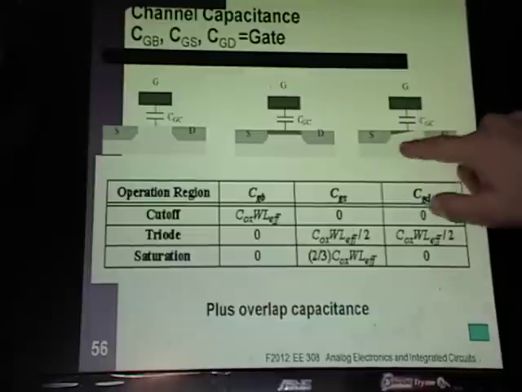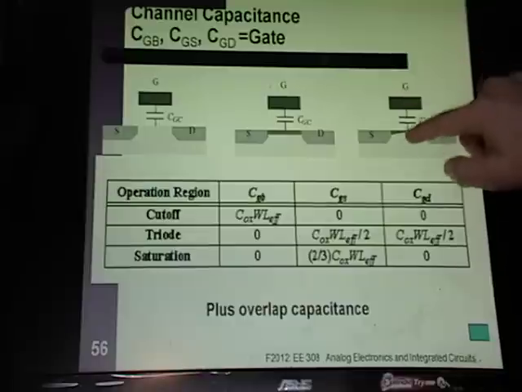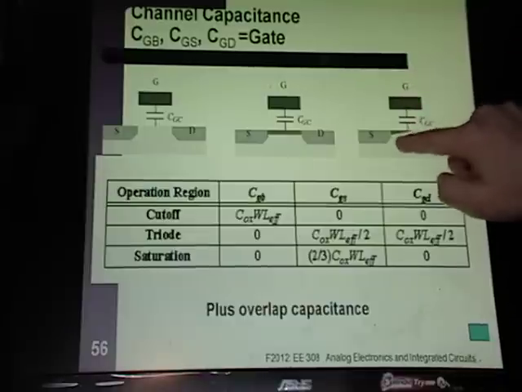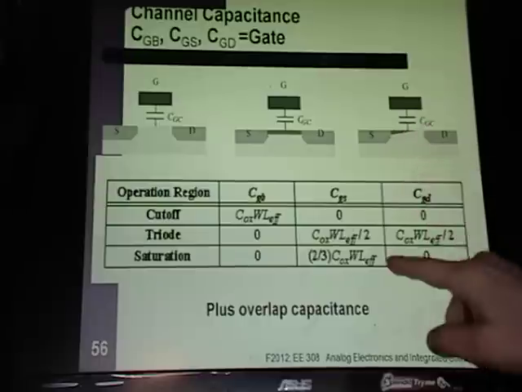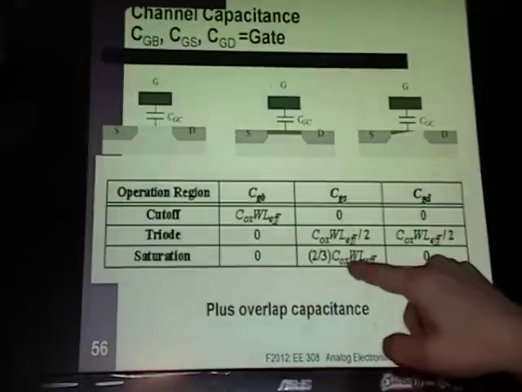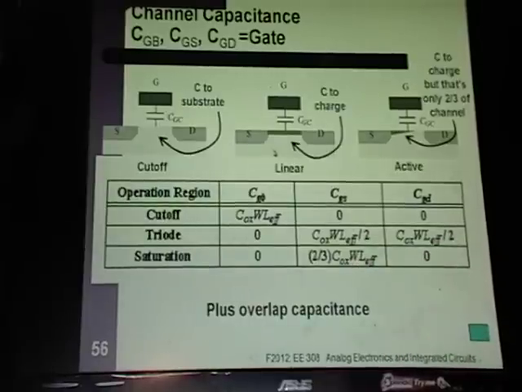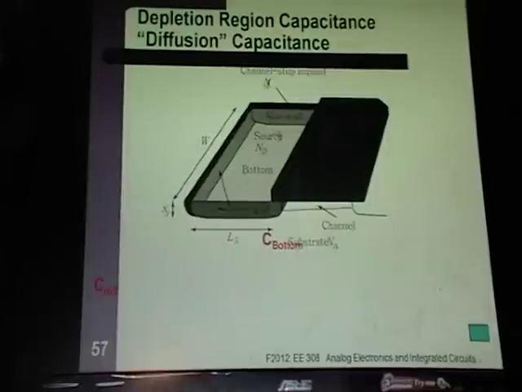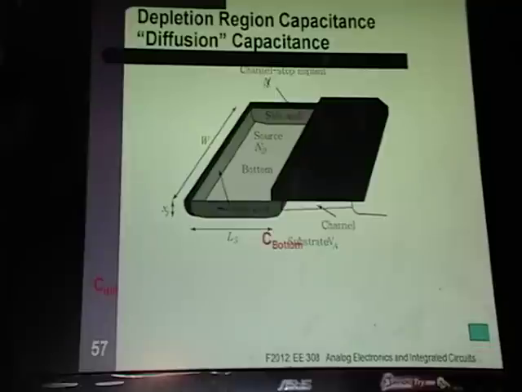But if you're over here in active region, which is where we always are, the coupling right here couples to the electrons in the channel, but the electrons don't cover the whole channel, so you get this 2/3 COX WL. Okay, so we've done that. We talked about junction capacitance and sidewall capacitance.